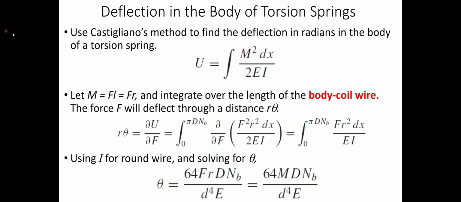And the M here is the moment, equal to FL or FR, and we integrate over the length of the body coil, while the force F will deflect through a distance r theta, right?